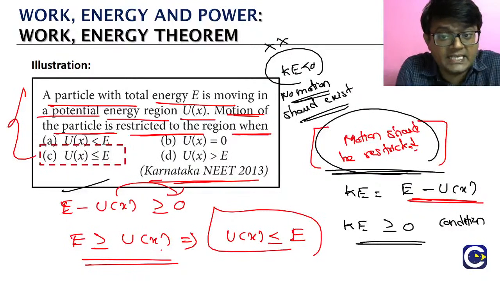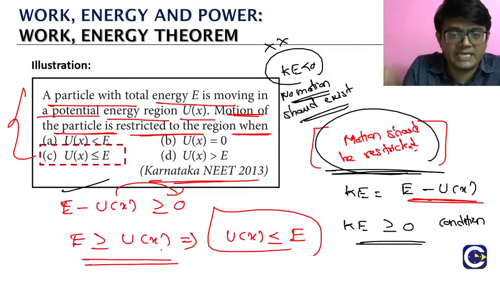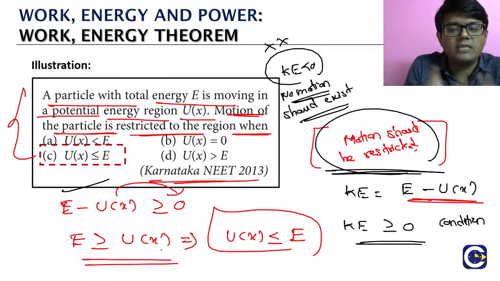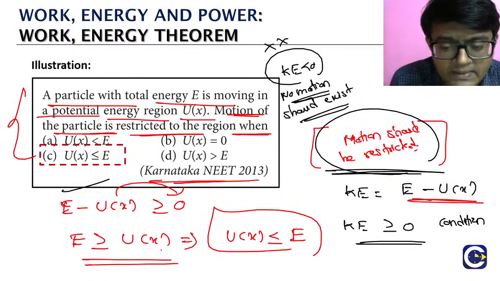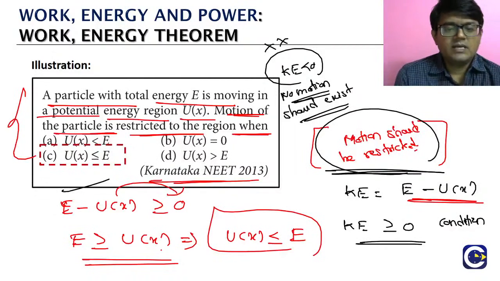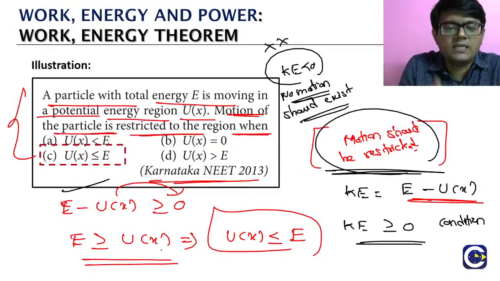Kinetic energy can never be less than 0, right? அதனால் that condition is not going to exist, which means the particle's motion is only inside the boundary. அதுக்கு நம்ம use பண்ண condition என்னன்னா kinetic energy of the particle inside the boundary is more than or equal to 0. And the condition நம்ம யூஸ் பண்ணா அதுல இருந்து நமக்கு வர ரிசல்ட் என்ன? Ux ஓட வேல்யூ should be less than or equal to E. அதுதான் condition. That is the condition which can restrict the motion of the particle inside the region.